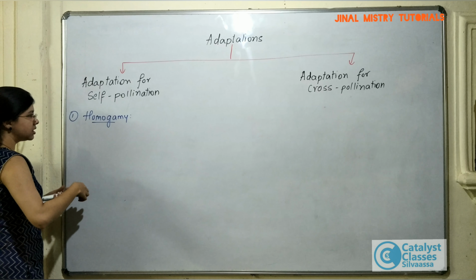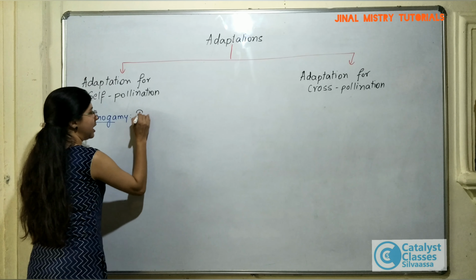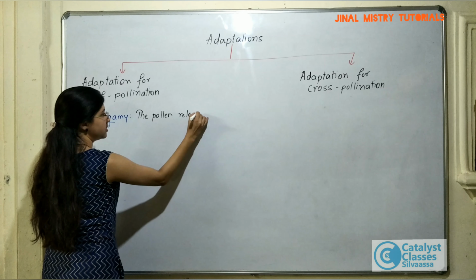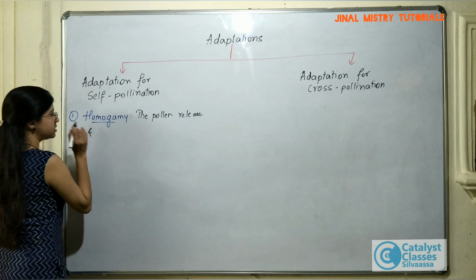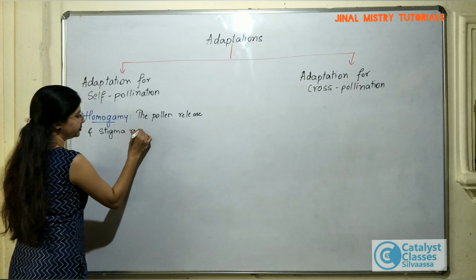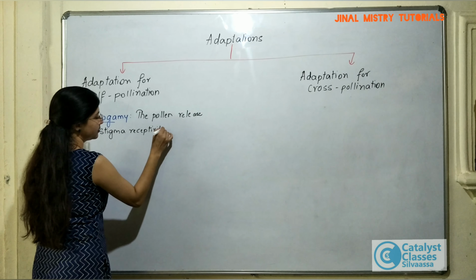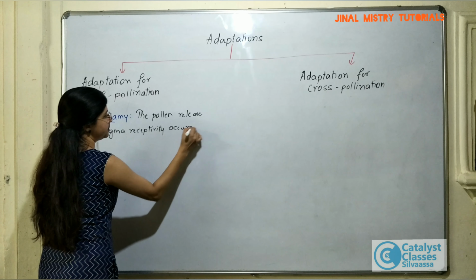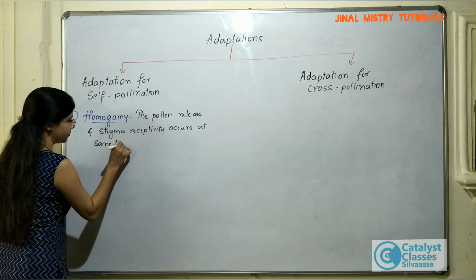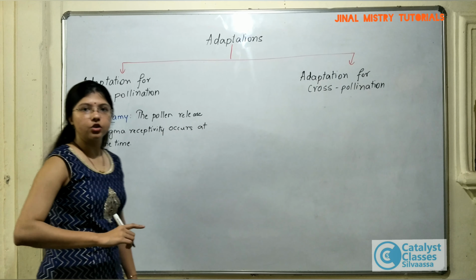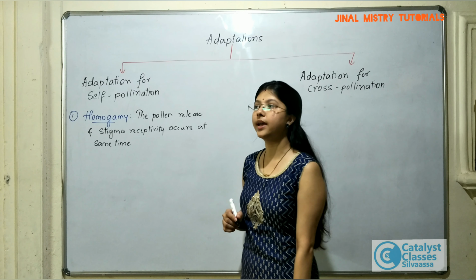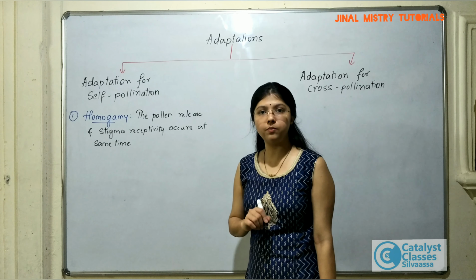Homogamy means the pollen release and stigma receptivity occur at the same time. Like we had studied earlier also, there should be synchronization between the release of the male and female gametes, otherwise the fertilization process cannot be favored.